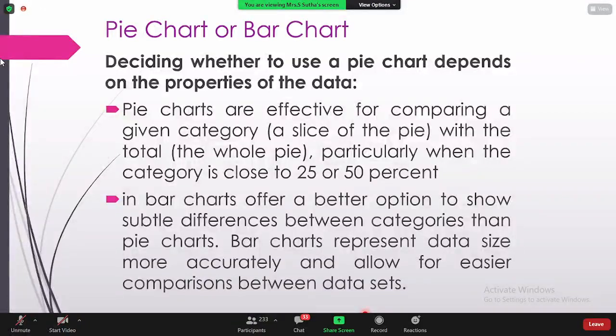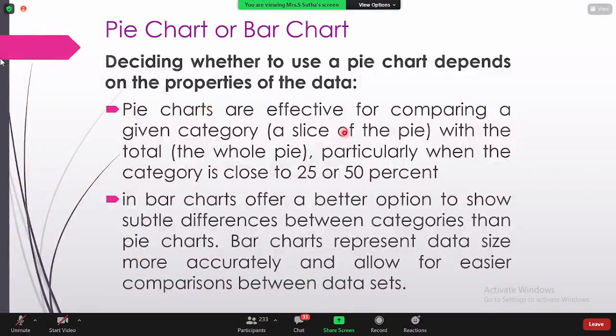It depends on the properties of the data. You have to look at the data. Before drawing the pie chart or bar chart, first we have to prepare the frequency distribution. Whether you take the pie chart or the bar chart, before taking these charts, you first have to prepare the frequency distribution based on your raw data.